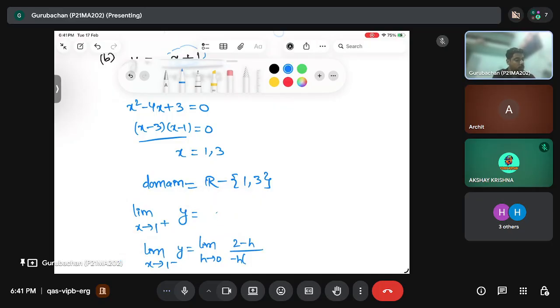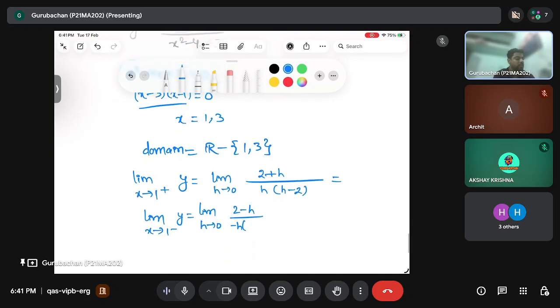For 1 plus it will be 1 plus h and h minus 2. So this will be minus infinite. Is it so? Yes, sir. And from here this will be plus infinite.